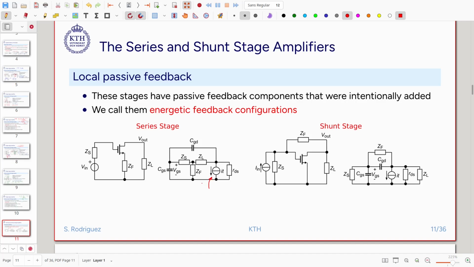This will be the circuit that we need to analyze in order to extract the beta factor. Remember that we have here CGD, here CGS, and here RDS. When we replace all the small signal model, we will have the following circuit that we will have to analyze.